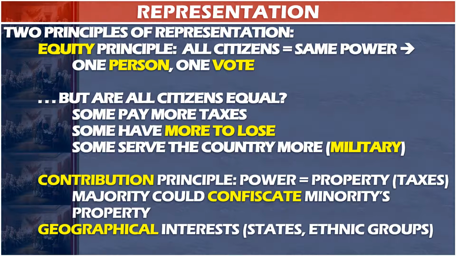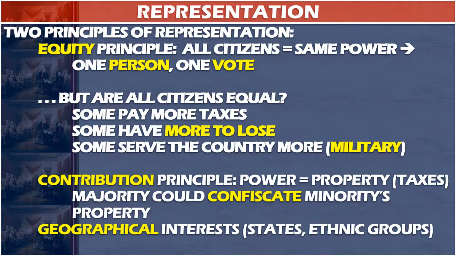The justification for this is that if you have a pure democratic system, a single chamber, the majority could confiscate the minority's property, because property is usually concentrated in the hands of a smaller group of people, and the majority would benefit by just taxing that small group and redistributing all that wealth to the whole population. To prevent that from happening, you might need to give the minority some extra representation.